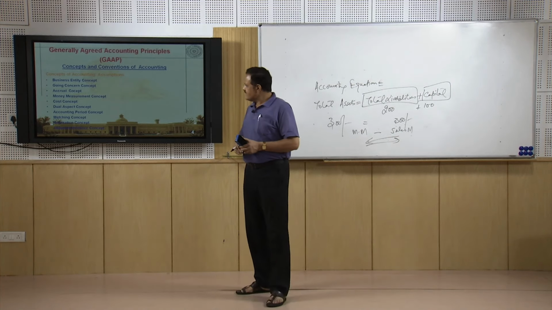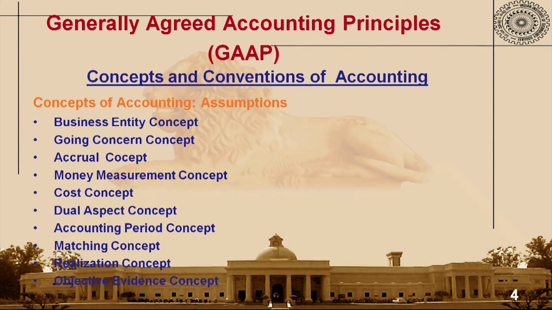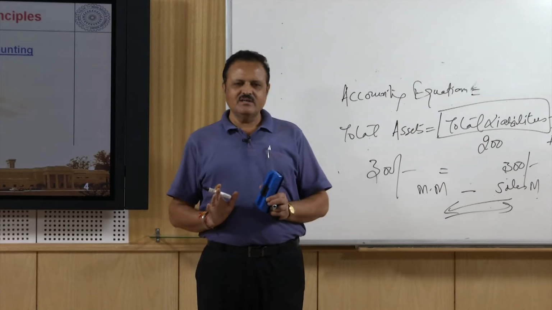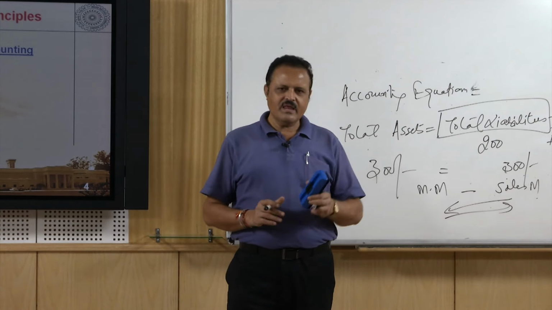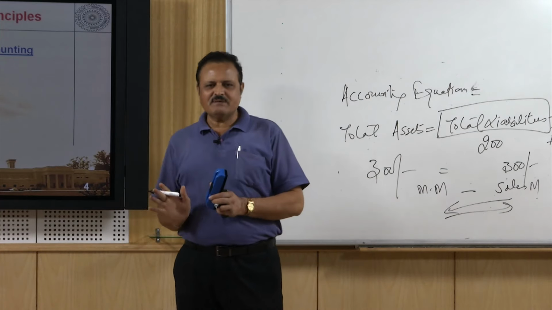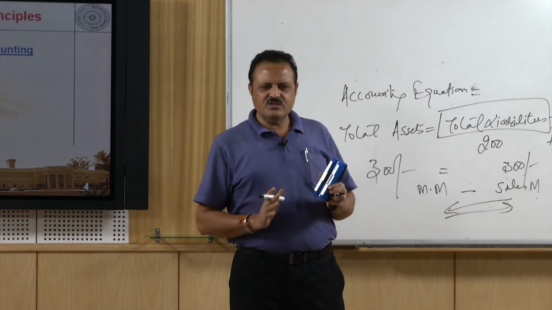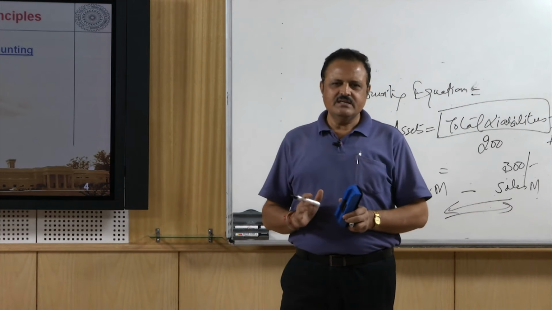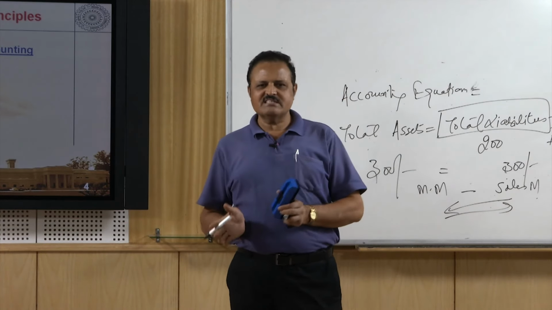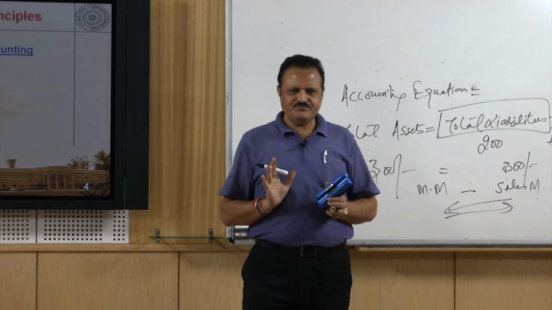Next thing is the cost concept, means whatever we record in the books of accounts, we record at the cost price. Cost price means that price at which any asset or property of the business has been purchased for the first time.